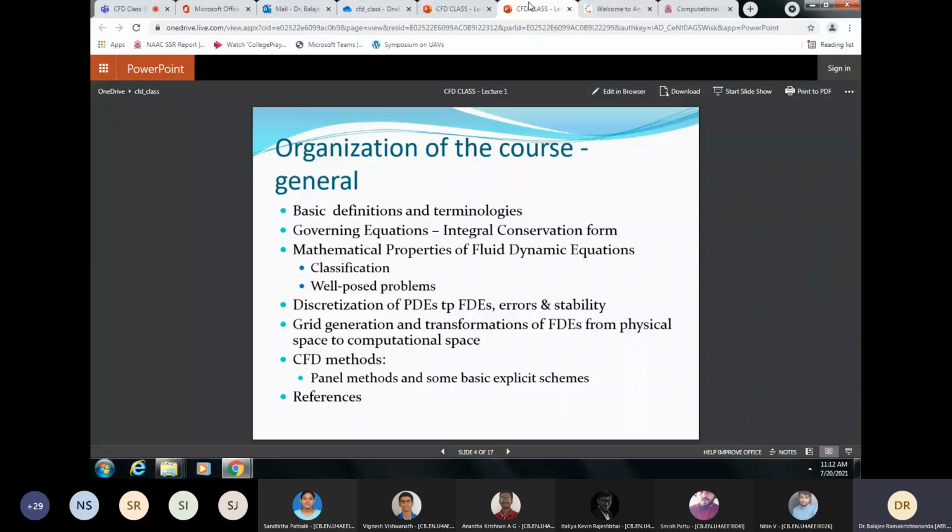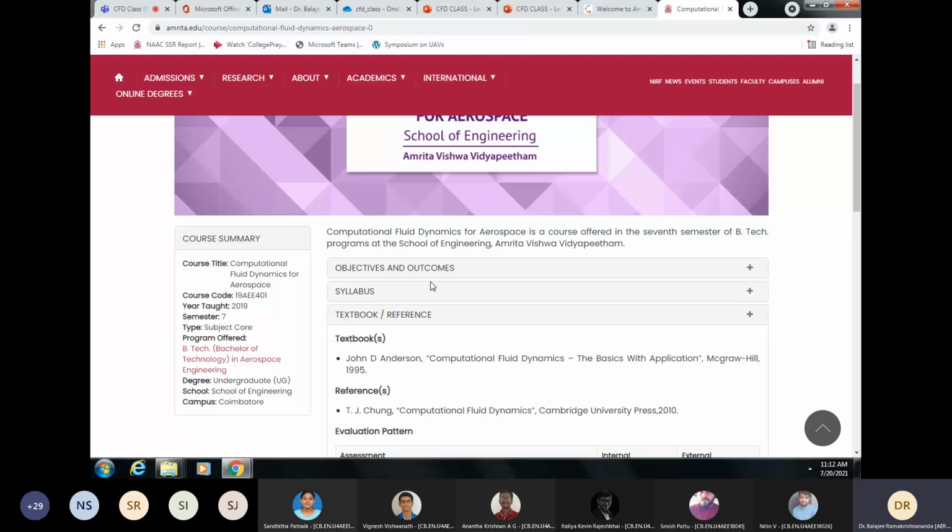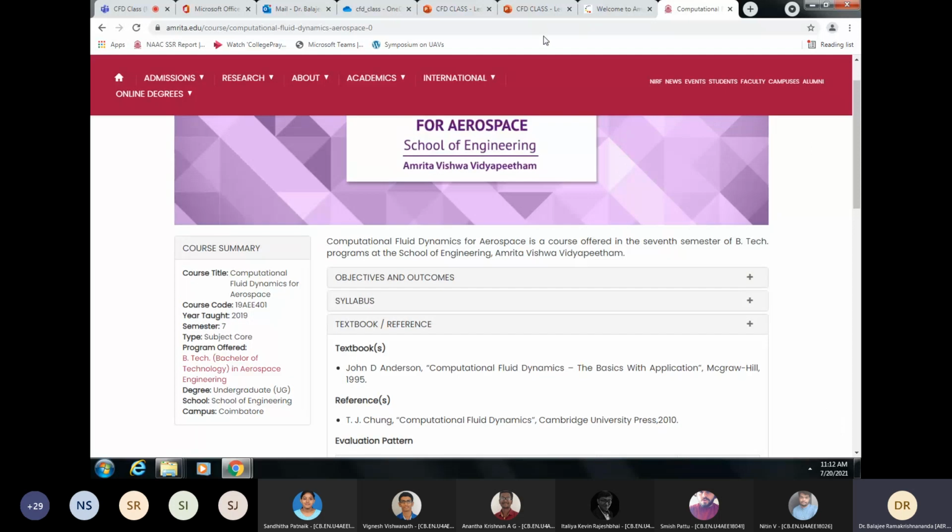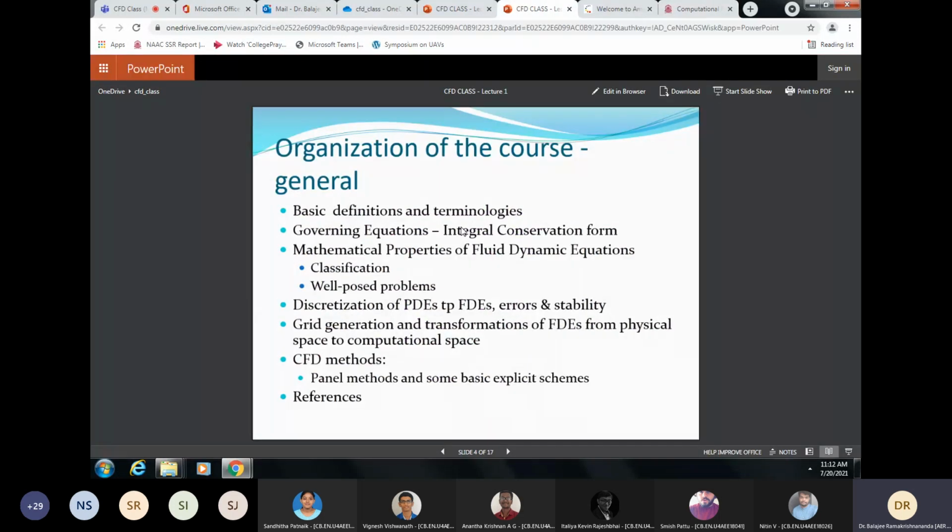So the course will be organized in this way. First, we go to the basic terminologies, then we look at governing equations, then the mathematical properties of these equations. We should know how to classify them, and we should know what is a well-posed problem.